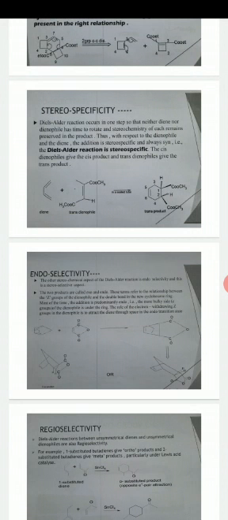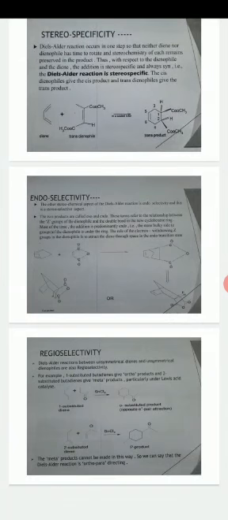Most of the time the addition is predominantly endo, that is, the more bulky side of the Z group of the dienophile is under the ring. The role of the electron withdrawing Z group in the dienophile is to attract the diene through space in the endo transition state. So we will get the endo product. Thank you so much.